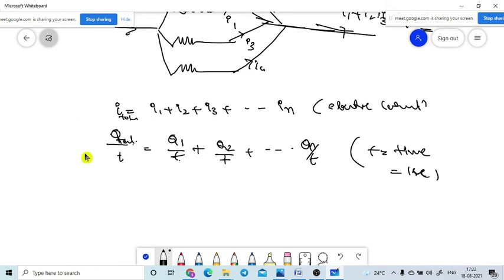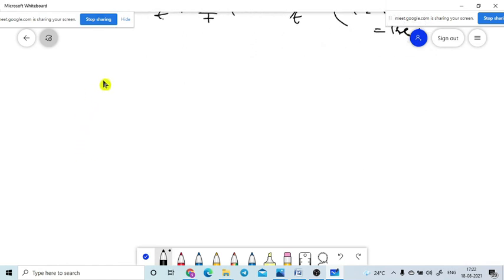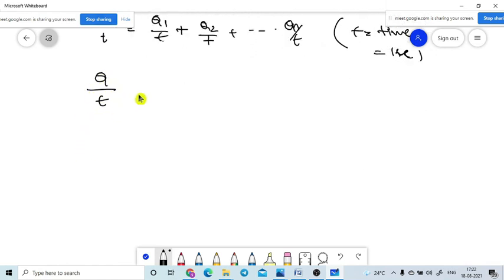Let me write the Q by T formula at least. Q by T is nothing but K into A into the temperature difference T1 minus T2, divided by the length of the material.